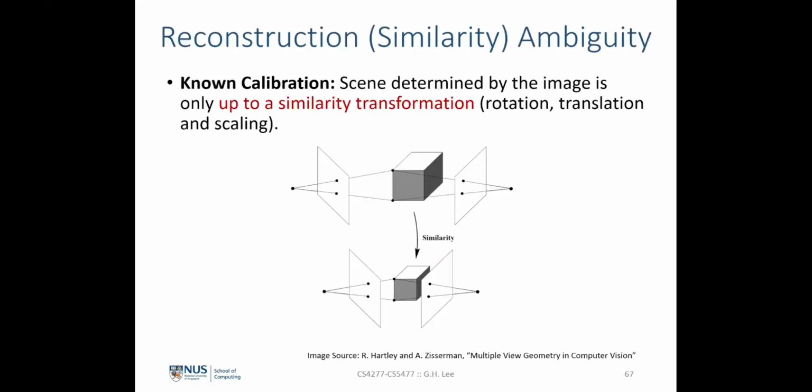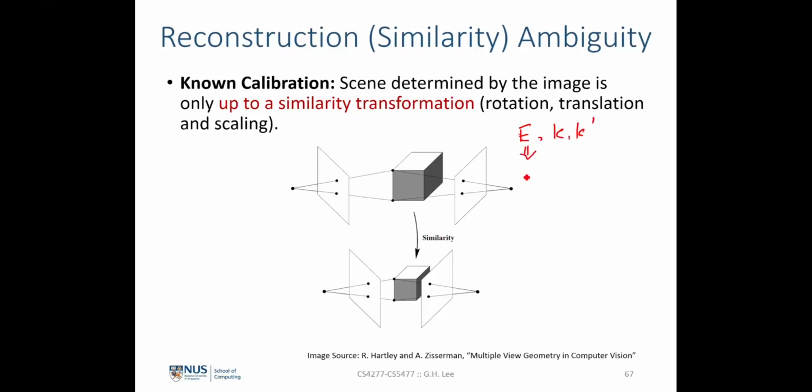So now let's look at the reconstructed point with known camera calibration, which means that we start the reconstruction from the camera projection matrices that are recovered from E and the known camera intrinsics K and K prime.